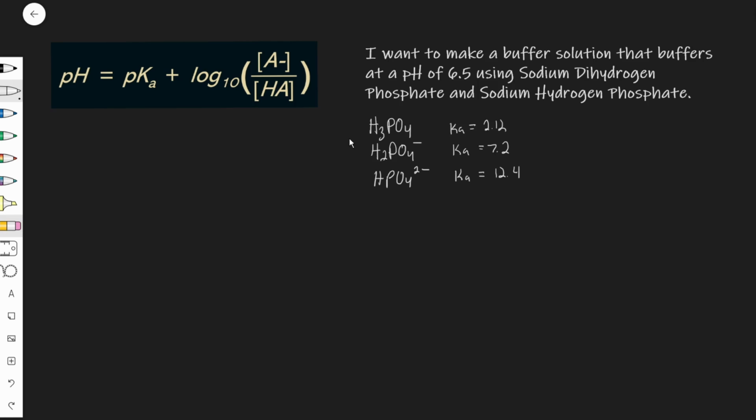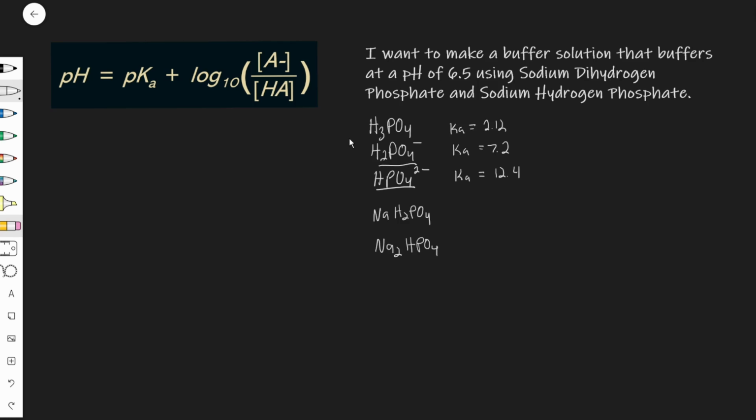Now we've got sodium dihydrogen phosphate, so we've got NaH2PO4. And then we've got sodium hydrogen phosphate, and so that's going to give us Na2HPO4. So what we can see is we actually have a source of this and this.